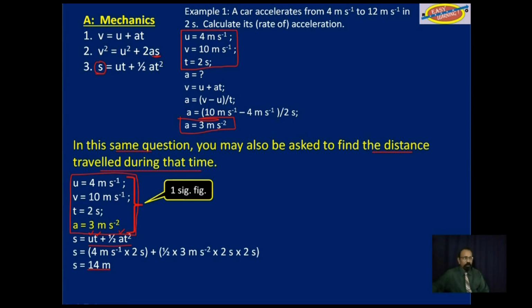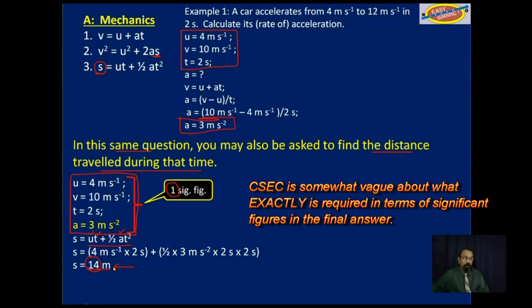Now recall that we said up here, all those numbers have one significant figure. 14 meters, that number has two significant figures. If we leave it like that, maybe CXC will mark it right, maybe they will deduct a mark. We know though that our answer should have one significant figure.